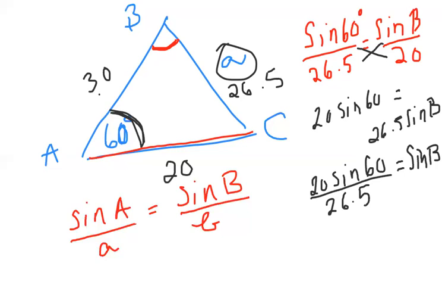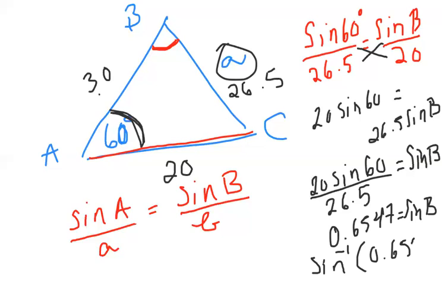When you plug this in, it's going to come out to be approximately 0.6547, and that's going to equal sine B. So in order to finalize this, because you're looking for an angle measure, you're going to do the inverse sine of 0.6547, and this will lead you to a measure of 41 degrees.